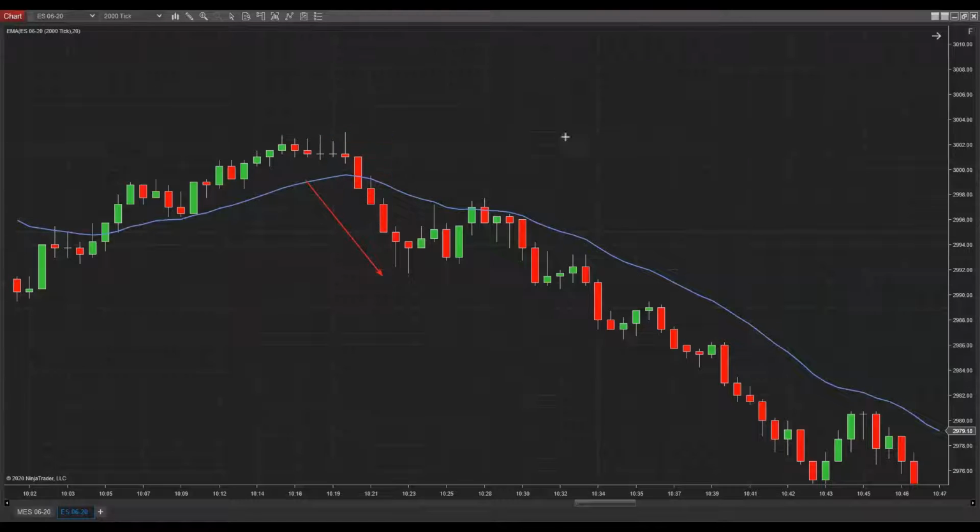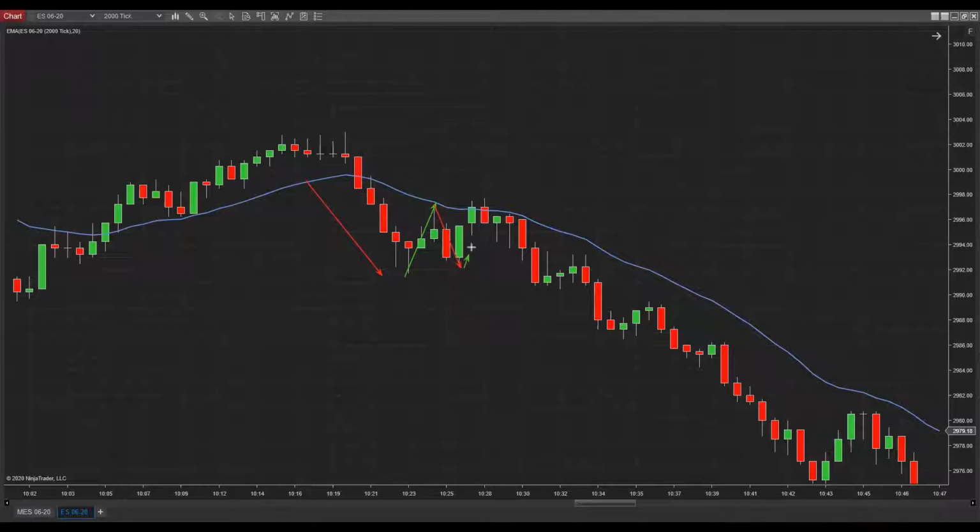Let me clear up these boxes to make it more clear. Now, after we recognize the trend, we try to spot a two-legged pullback. You can see a two-legged pullback right here. We have one leg up. A slight pullback, or we call it a first entry.